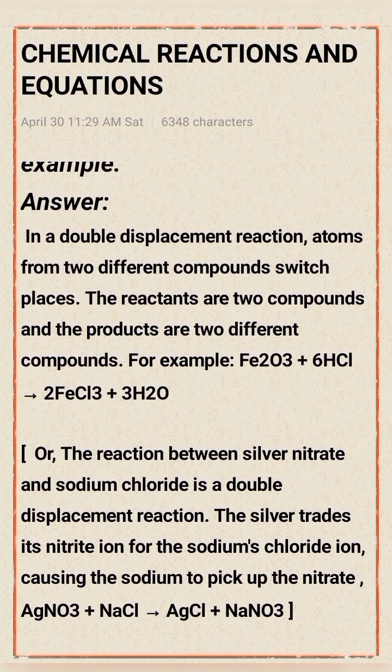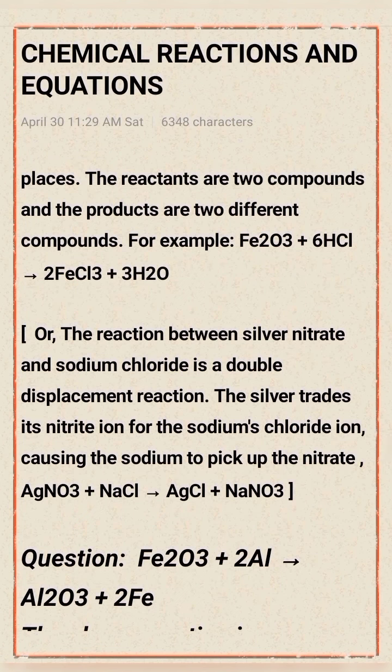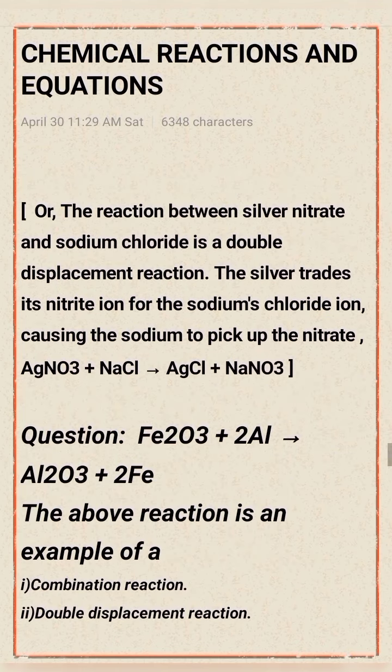The silver trades its nitrate ion for the chloride ion of sodium chloride, causing the sodium to pick up the nitrate. That is the equation: AgNO3 silver nitrate plus NaCl sodium chloride form AgCl silver chloride, white in color, and NaNO3 sodium nitrate.